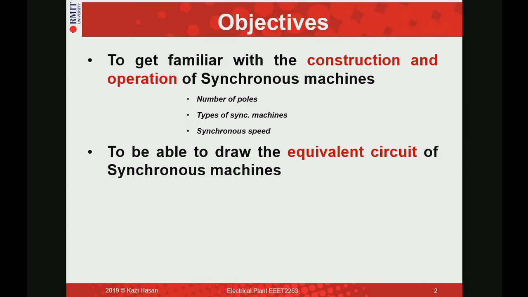Then we will be able to draw the equivalent circuit of synchronous machine. As you have come across throughout the course, for single phase transformer, 3-phase transformer, DC machine, then induction machine, we represent the electromechanical operation or interactions by using a simple electrical circuit with the combination of resistance, inductance and capacitance, voltage and current.